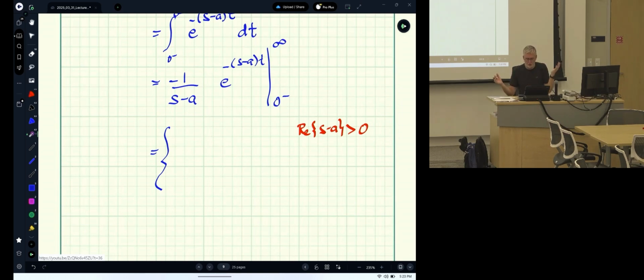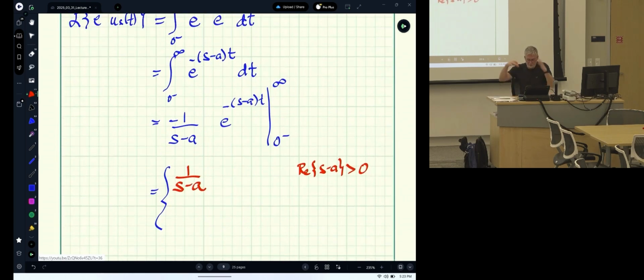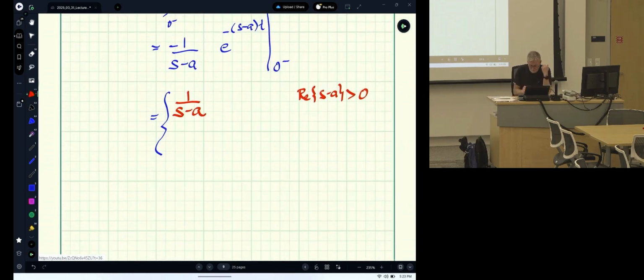Where are we going to get a contribution from then? Well, when we plug in the lower limit, because this thing is continuous, we just get 0, we get 1 here. And so the lower limit has this minus, it cancels that, and we get the same thing as we had before. Whatever the exponential was, we get that. And it's undefined otherwise.